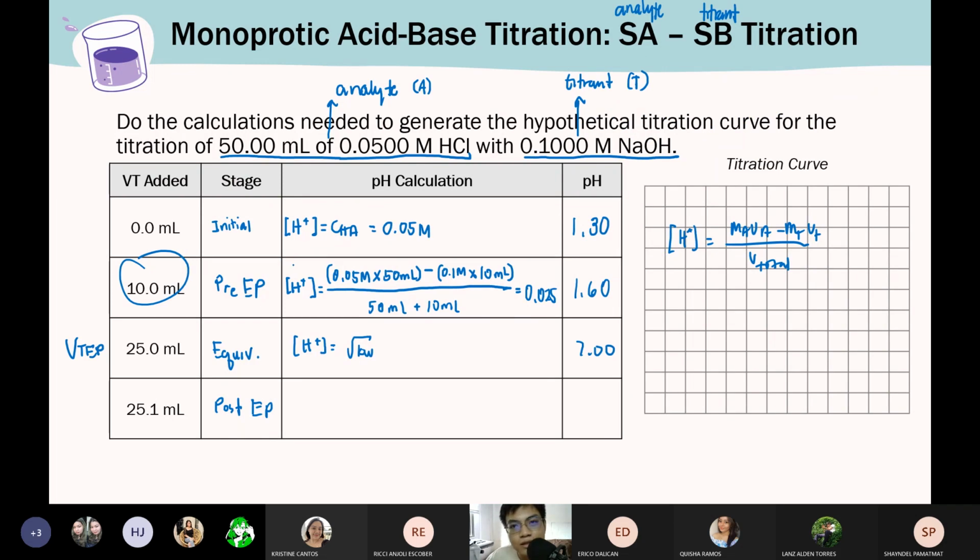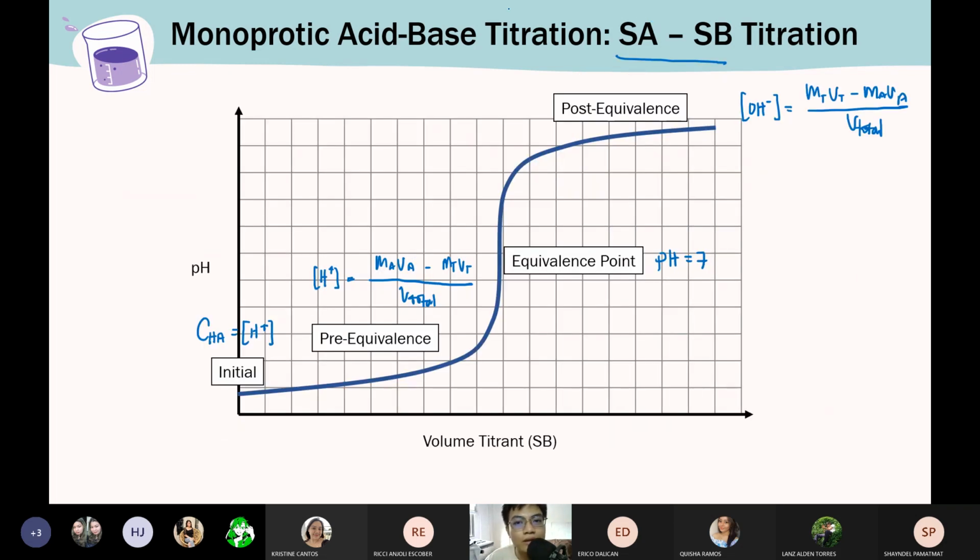For the post-equivalence point, ano equation natin? We want to get the excess titrant. So, the equation is this one: MTVT minus MAVA over V total. So, we are getting the excess titrant. Yun yung pinaka-purpose ng equation. And take note that the titrant is a base.